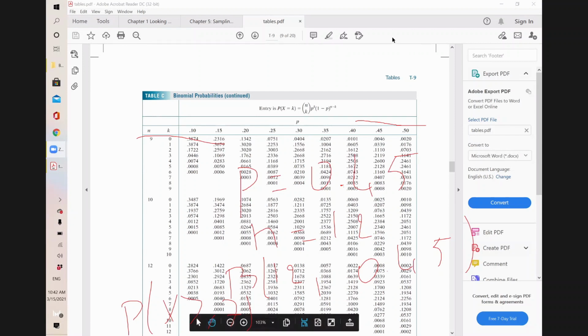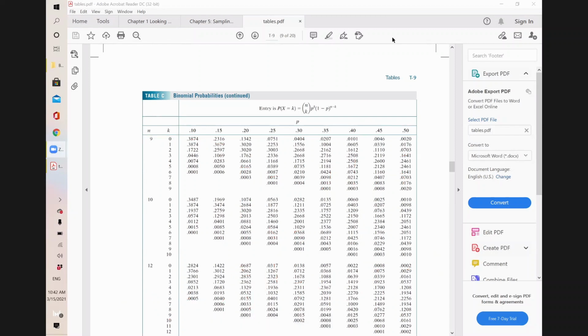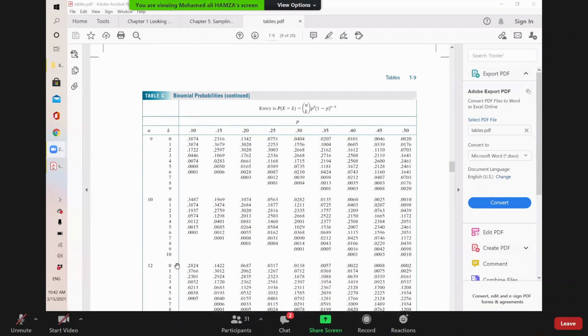But here in this table, which is useful in this case, can you see the table in front of you? Here we have the binomial probability.